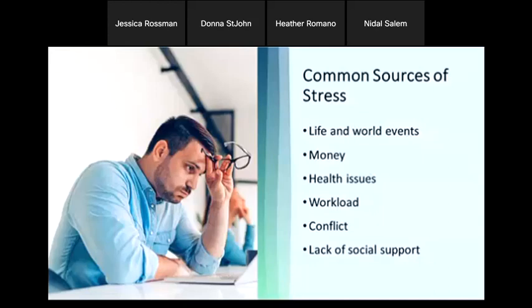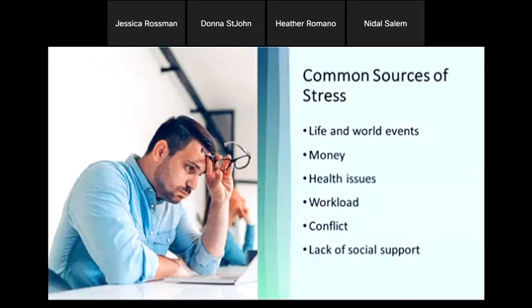And there are also world events like the weather and the pandemic. That was a big stressor, I think, and politics. There's also money. I think a lot of us could agree with money. Just the general state of the economy or our personal finances could be a stressor. And health issues, could be a family member or friend or yourself, something like waiting for test results.